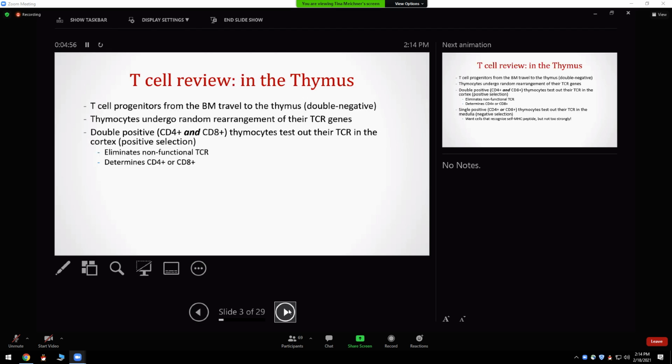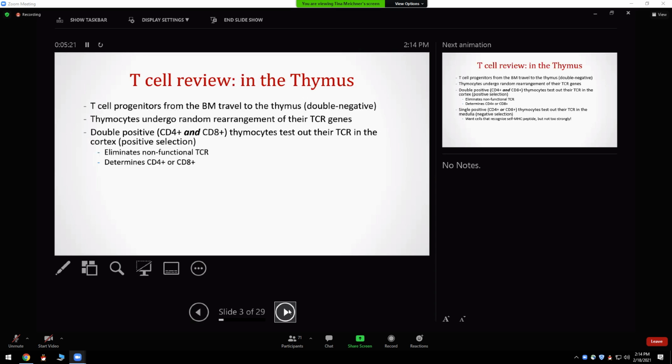It also determines if a double positive T cell will develop into a CD4 T cell or a CD8 T cell, based on interaction with different MHC molecules. Those that don't recognize any MHC molecules on antigen presenting cells would be eliminated. They usually die by apoptosis.